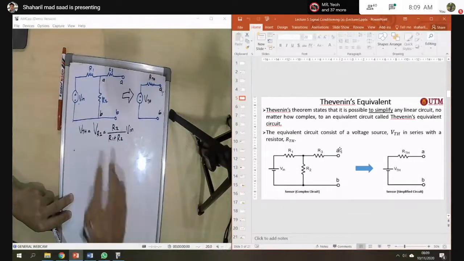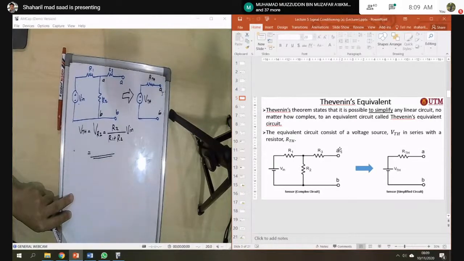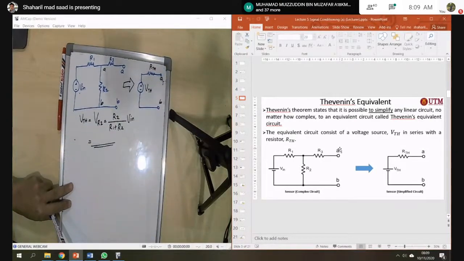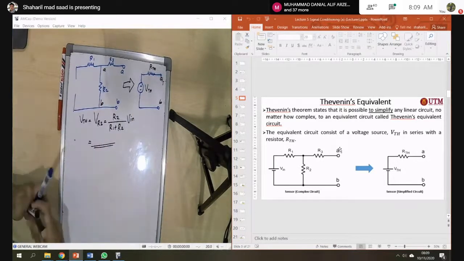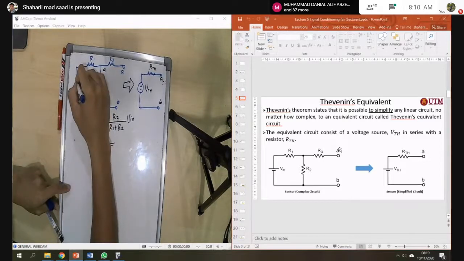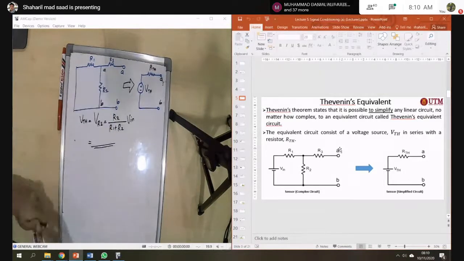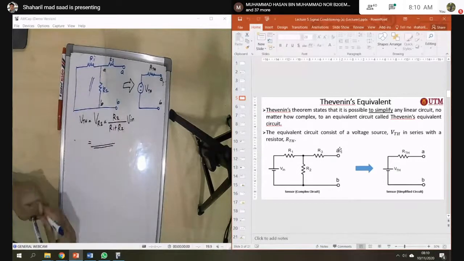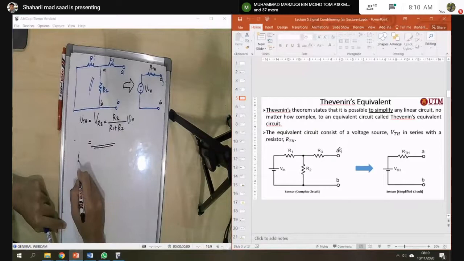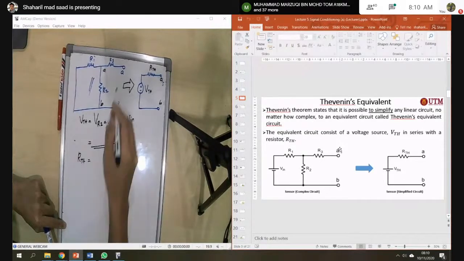This is the formula for VTH. For RTH, how do you find that? You just short the supply voltage. Shorted here, so now you can see that R1 and R2 are in parallel. So we can find RTH here.